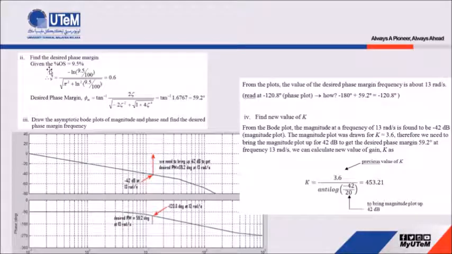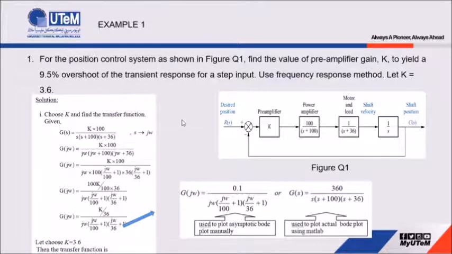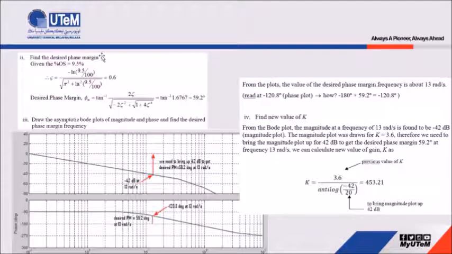To find the phase margin based on the 9.5% overshoot, we can find the desired phase margin using this equation, which is the inverse tangent of 2 zeta divided by the square root of negative 2 zeta squared plus the square root of 1 plus 4 times zeta to the power of 4.